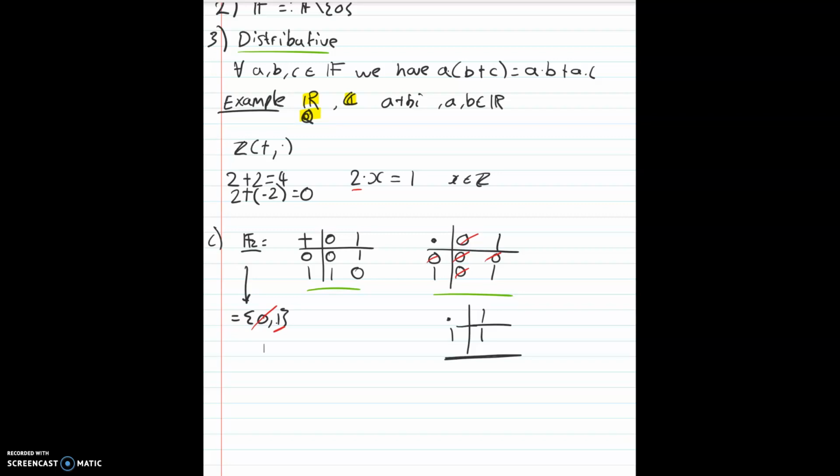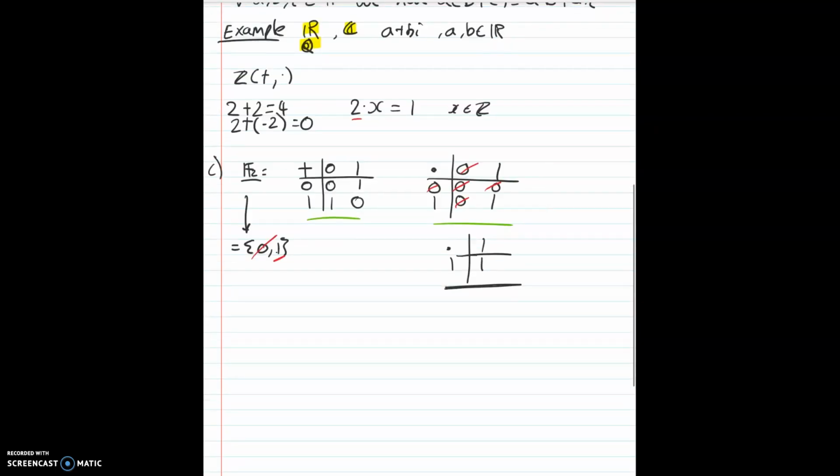Then we looked at a few examples. We looked at a strange looking set with two elements, 0 and 1, and we showed that it is a field under addition, and under multiplication when you remove 0.